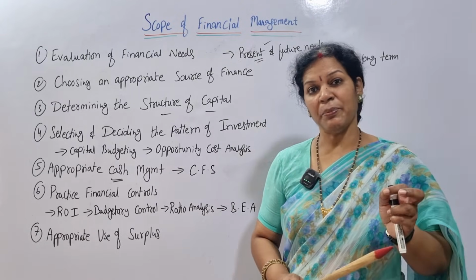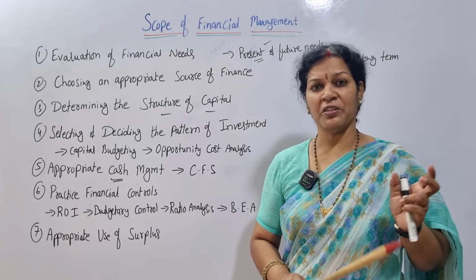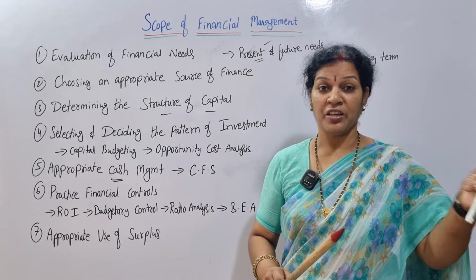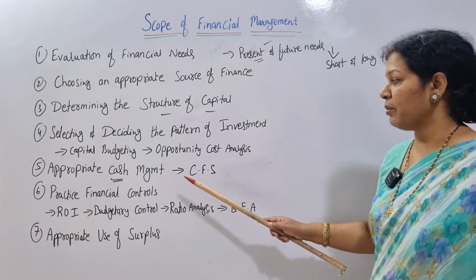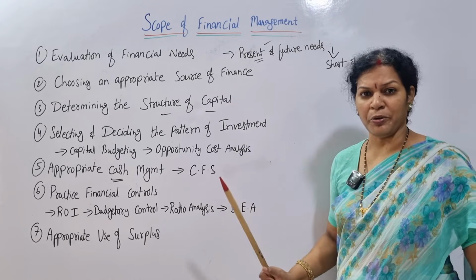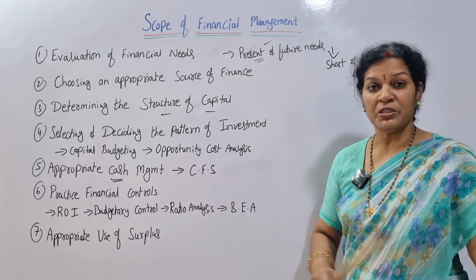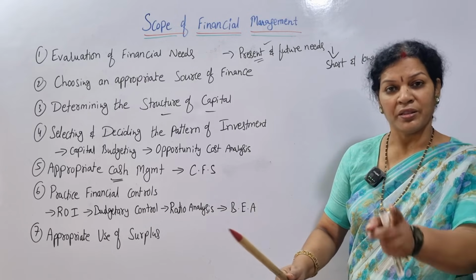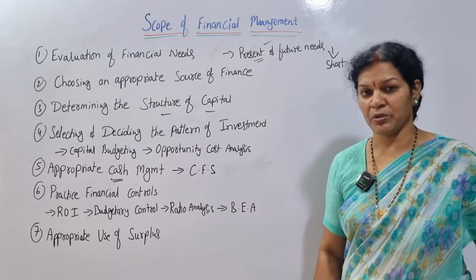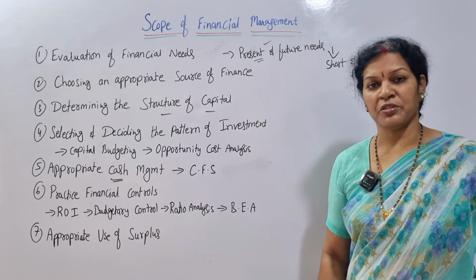And he must have a proper understanding, finance manager or finance accountant, whoever may be handling these cash transactions, he must have a proper understanding about the cash flow statement. CFS means cash flow statement, how to prepare this, how much cash we have, how much is inflow, how much is outflow. There is a separate chapter for cash flow statement. This I have already completed in our channel, you can check it out from the playlist, okay.